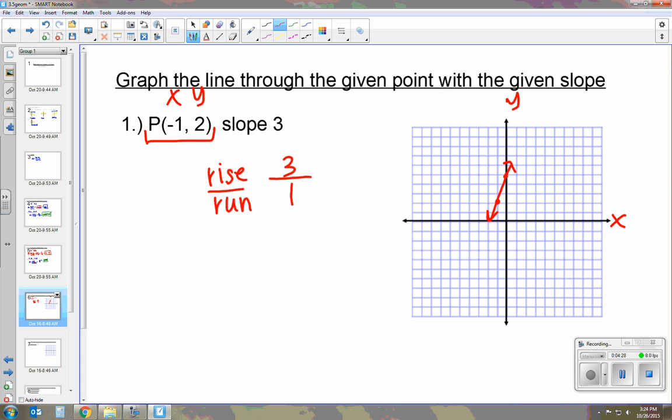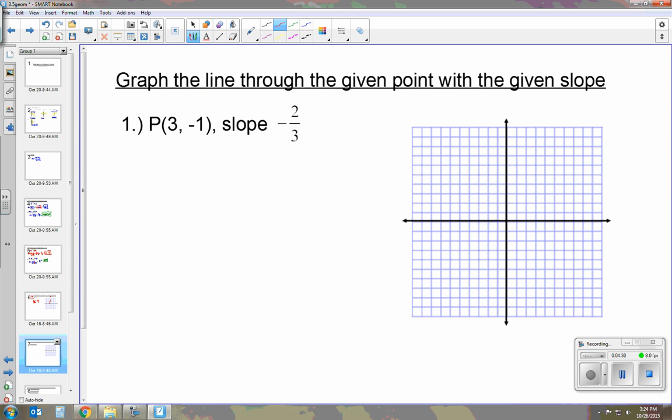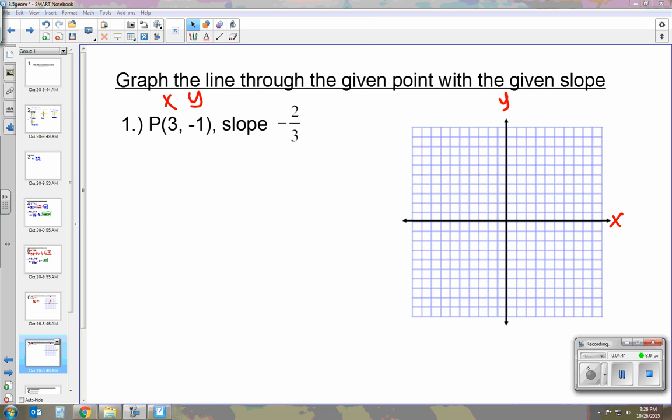Let's see that again. We have a point, which is 3, negative 1, and a slope of negative 2/3. So this is our x, this is our y. We always graph our x, then our y. Let's do our point first. So let's graph 3, negative 1. And then from that point, we're going to graph our slope.